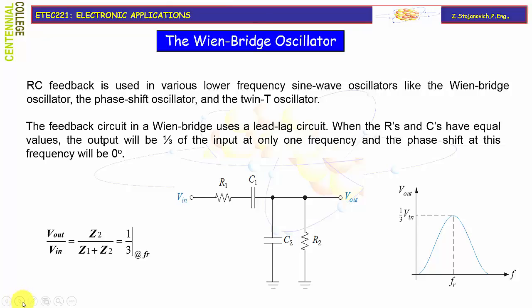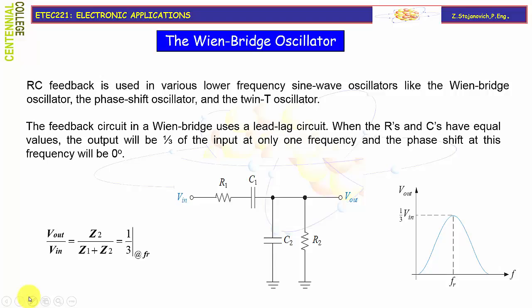When it comes to a practical design of an oscillator with positive feedback, RC feedback is used in various low-frequency sine wave oscillators, like the Wien bridge oscillator, the phase shift oscillator, and the twin T oscillator. We will cover the first two of those three oscillators.